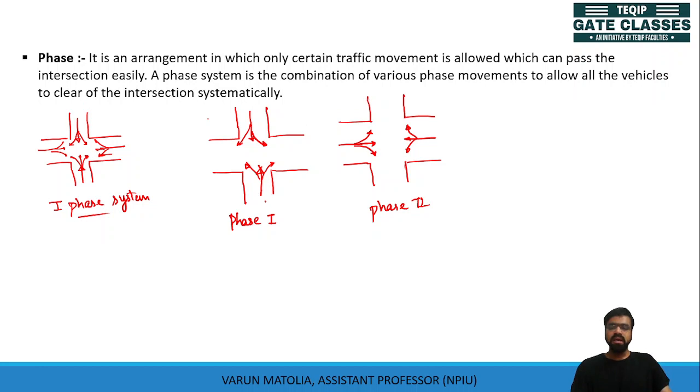This is road A and road B. So once we are allowing the vehicles from road A to move, and then we are allowing vehicles from road B from both directions to move. This is a two-phase system. Then we can see a four-phase system when there is significant right turning traffic.